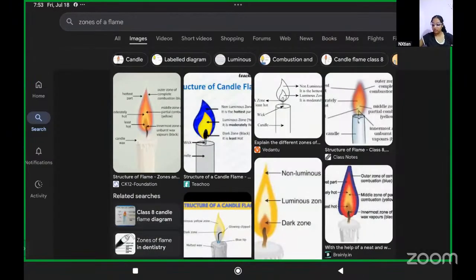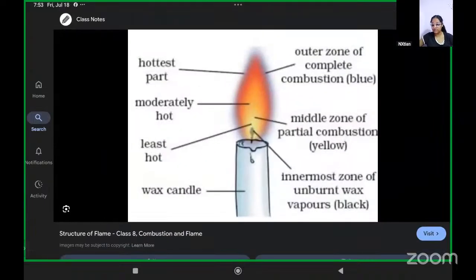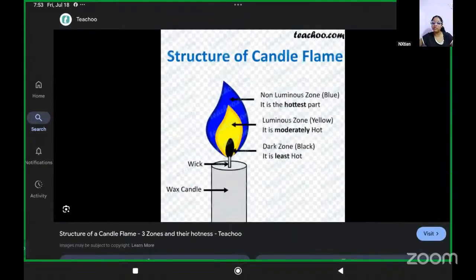You can see it in this diagram also. The hottest part is the outside, moderately hot is the center part, and least hot is the centermost part.